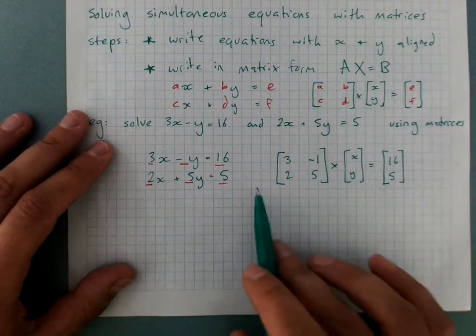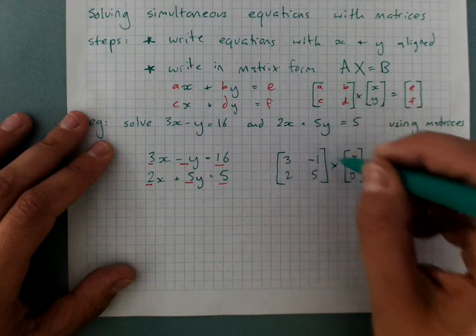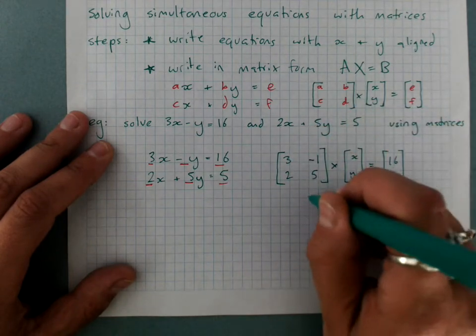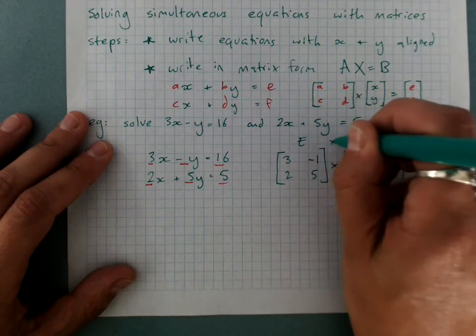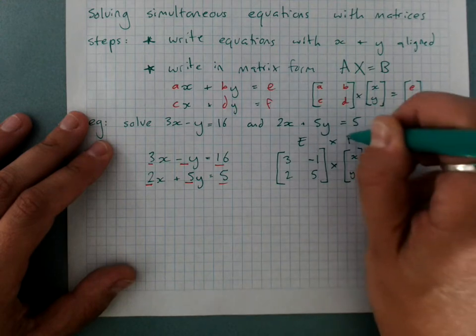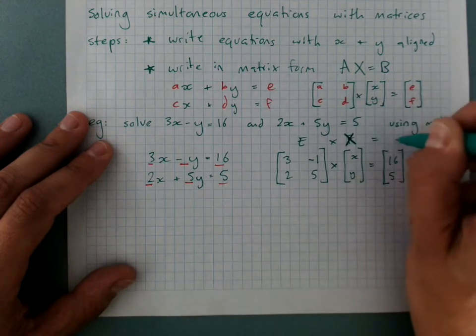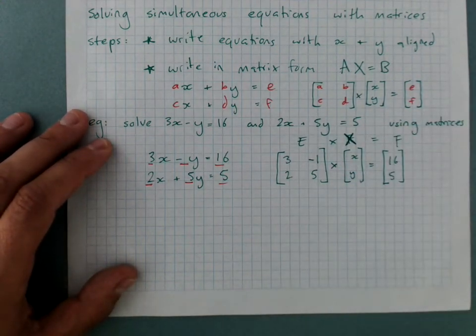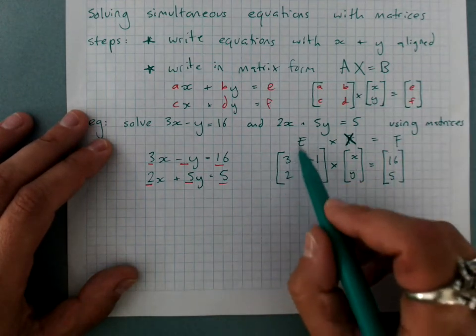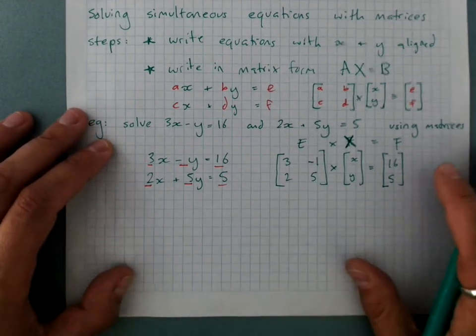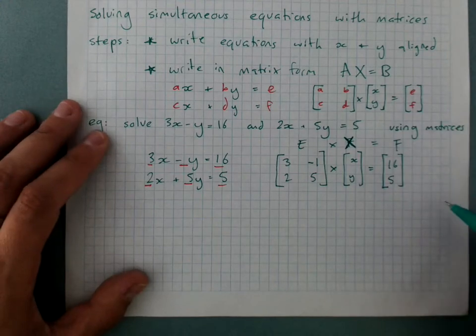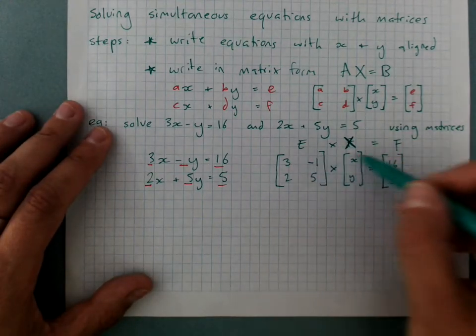Now I'm going to call these matrix E and F. E times X equals F, because I've entered them into matrix spots E and F. If you didn't like that, you clear all your other matrices, but sometimes you'll get different letters.